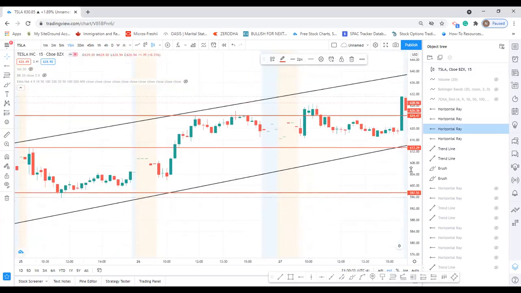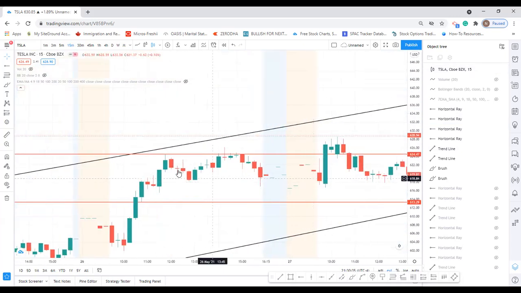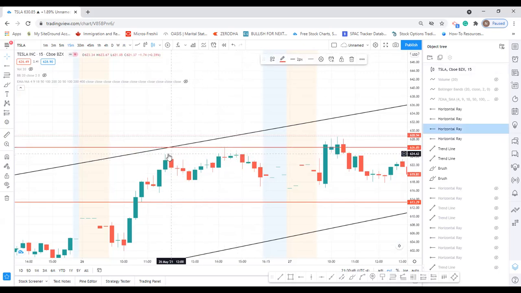If you see here, what did I do? This is the resistance, and I say closing. I need a closing. This area and this area are more important. I kind of ignore this week. Why? Because if I take that week, what am I going to do with this area? So this is not important for me.